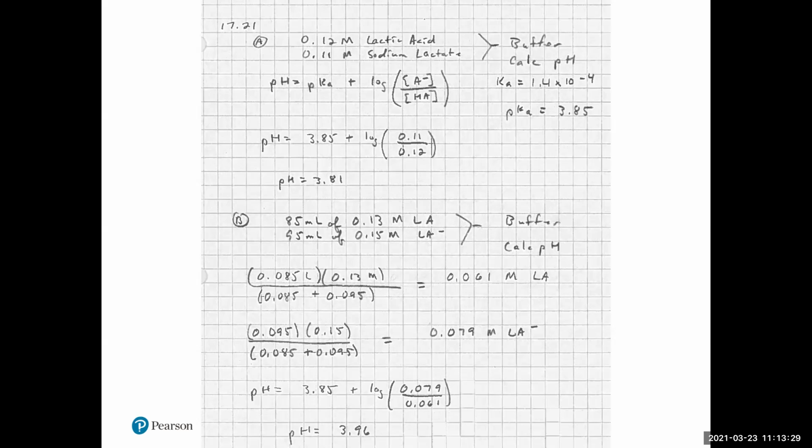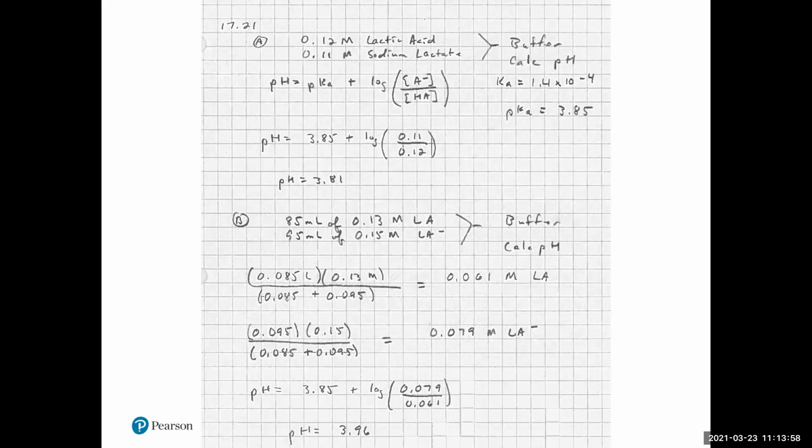Okay, then in part B, calculate the pH of a buffer formed by adding 85 mils of 0.13 molar lactic acid and 95 mils of 0.15 molar sodium lactate. So we have our buffer, we have volume and molarity.